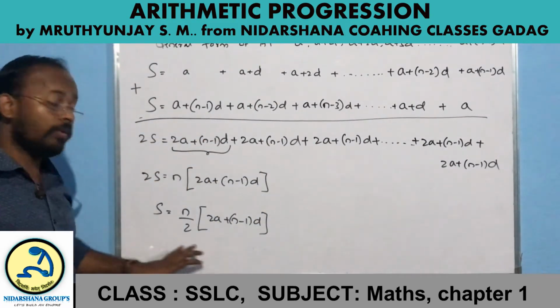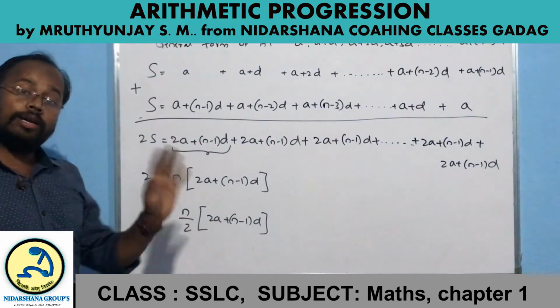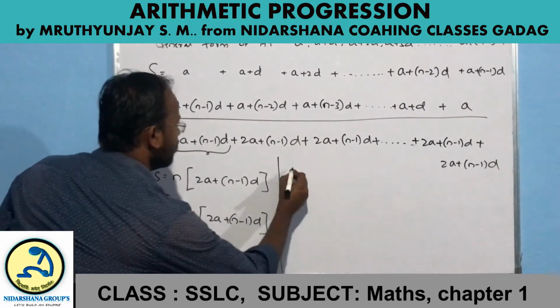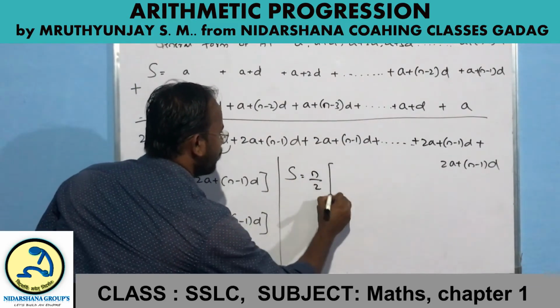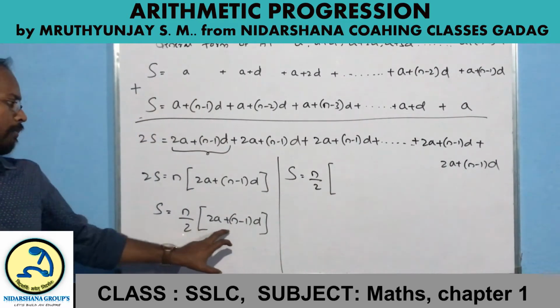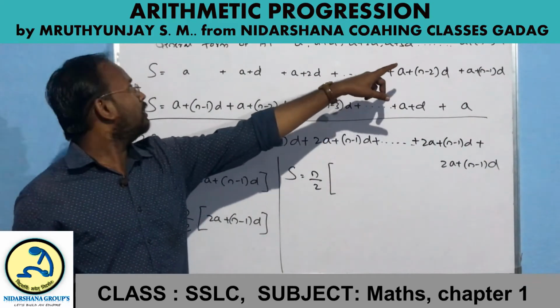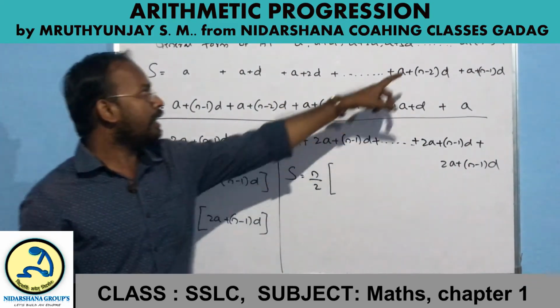This is not the only way to write the expression. We can write it in another form also, that I will copy here. So S is equal to n divided by 2 into 2a plus n minus 1 into d. Is it similar to the nth term of the arithmetic progression? Here 2a is there, here a is there.